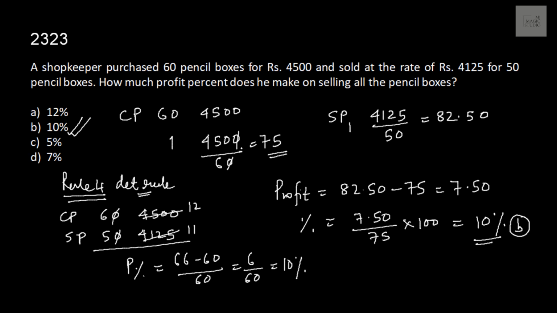Anything you feel like doing, do it with a 1 unit CP, 1 unit SP. This seems to be fast in this particular question and calculation. Answer B, 10%.